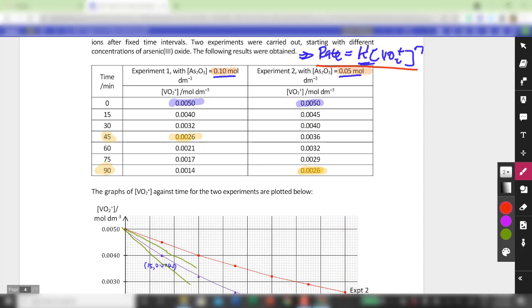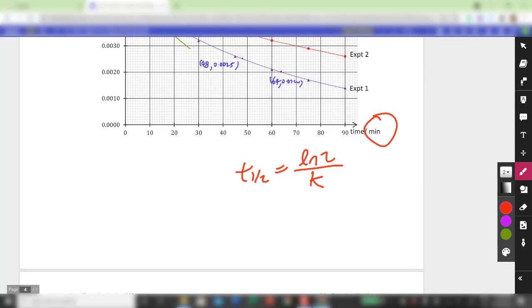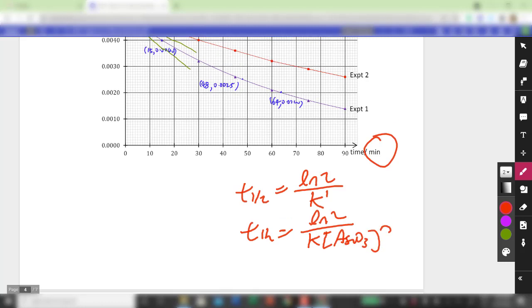Obviously in our case here, it has to be k prime. There's no argument about it. So this is k prime, and therefore your t half is equal to ln 2 over the actual k multiplied by As2O3 to the power n.